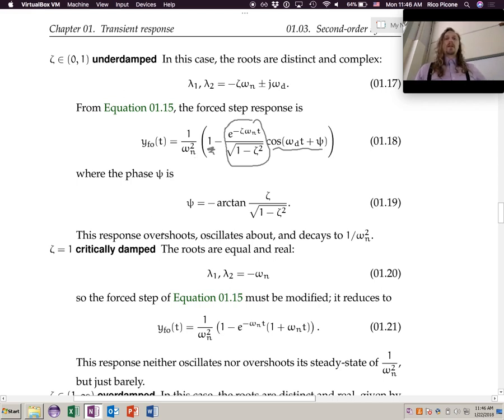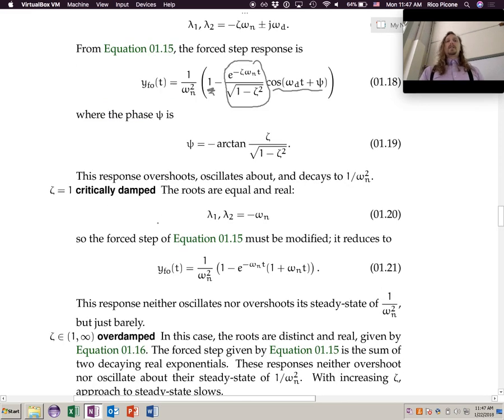This response overshoots, oscillates about, and decays to 1 over omega n squared. We haven't looked at the graph, but we will in a minute. It looks a lot like what the free response looked like, except we're going to a new value instead of coming back to 0. And that's actually identical.